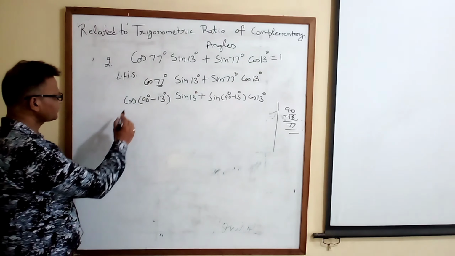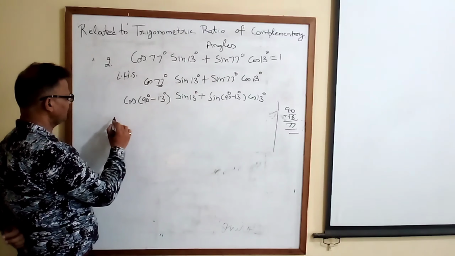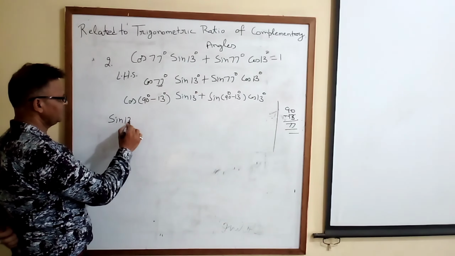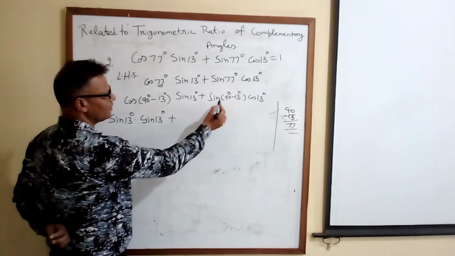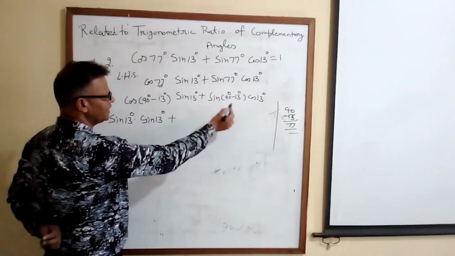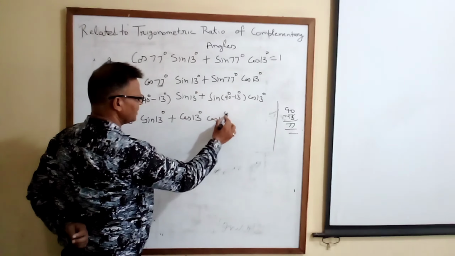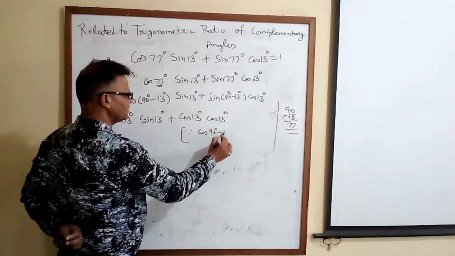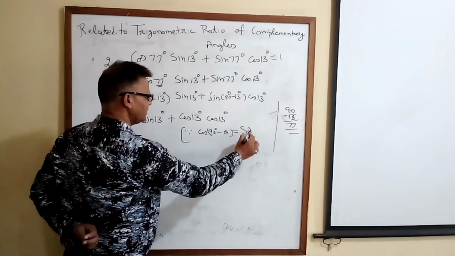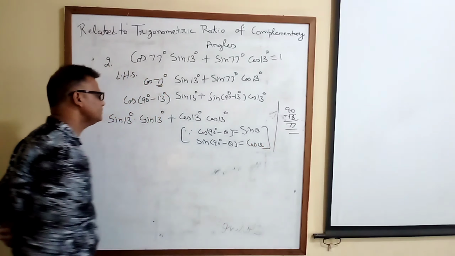So next, what will we get here? Cos 90 minus theta is sin theta, so that is sin 13 multiplied by sin 13, plus sin 90 minus theta is cos theta, so sin 13 degree into cos 13 degree, because cos 90 degree minus theta is equal to sin theta, and sin 90 degree minus theta is equal to cos theta.